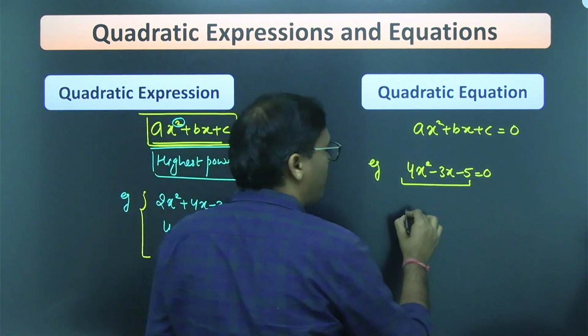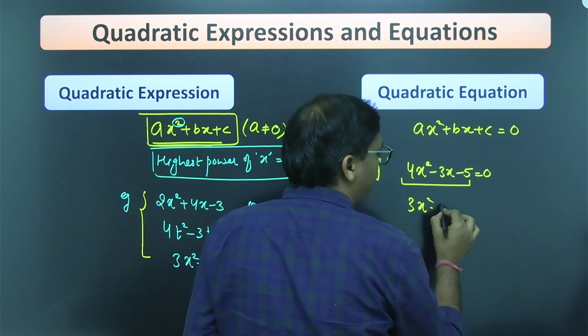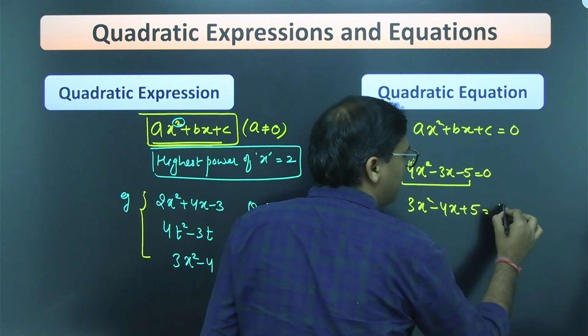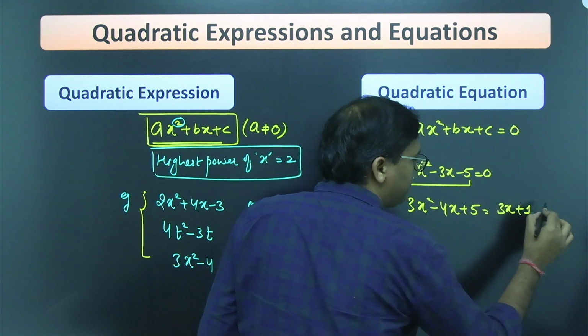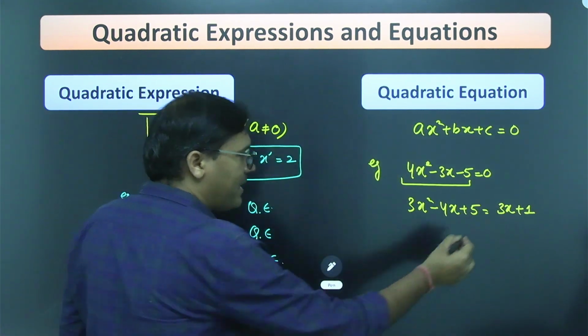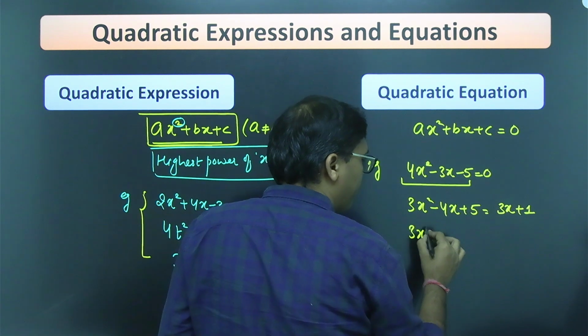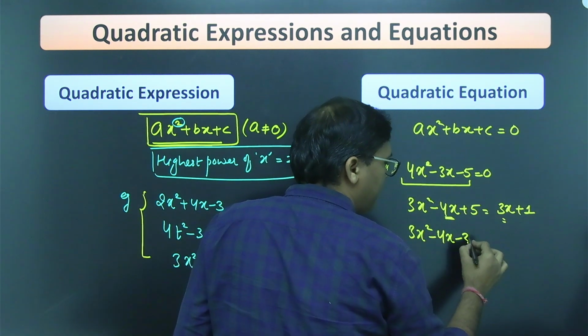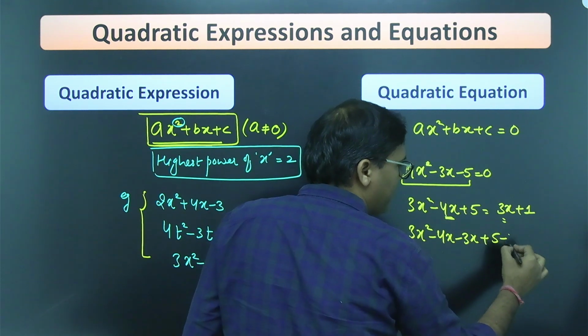Now for example, if you have 3x square minus 4x plus 5 equal to, let's say, 3x plus 1, is this a quadratic equation? If you arrange this, it is 3x square minus 4x minus 3x plus 5 minus 1 equal to 0.